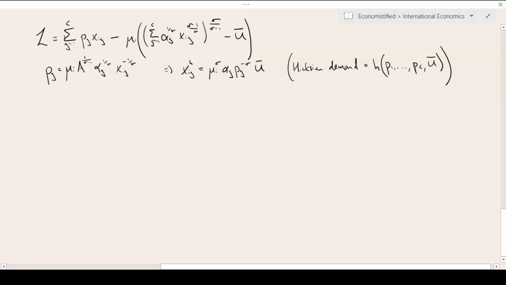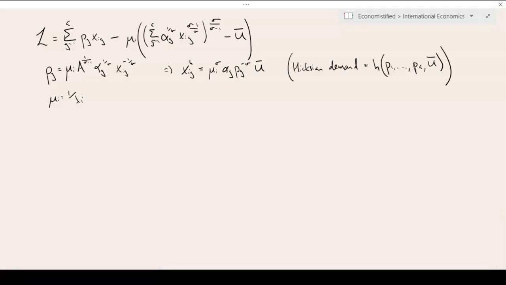We don't have this quite yet. We have a mu_i here that we need to substitute out. I'm not going to show you how to do that, but it's similar steps to how we derive the Marshallian demand. So you're going to need to find some way to substitute out this mu_i. And you should also find that in attempting to do this, mu_i is equal to the inverse of the lambda_i that we had in the consumer's utility maximization problem.